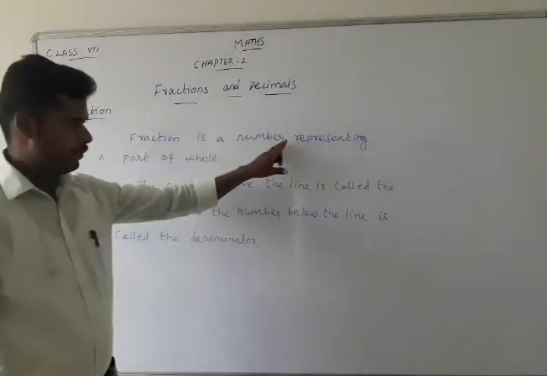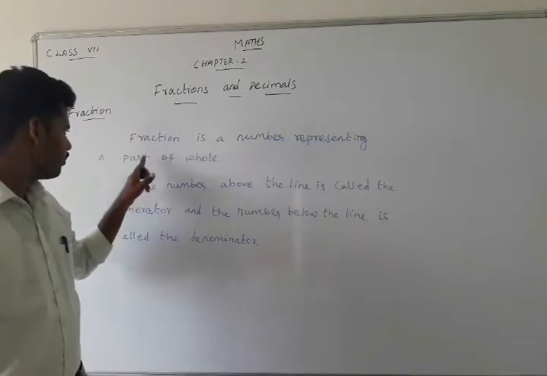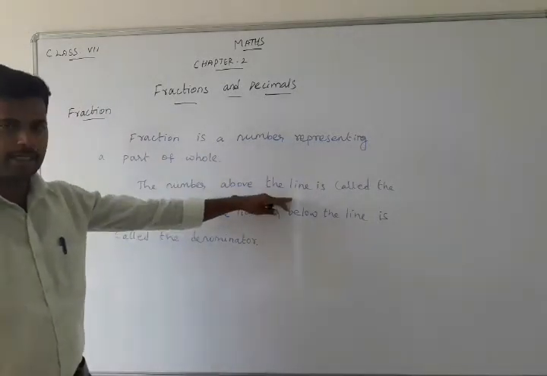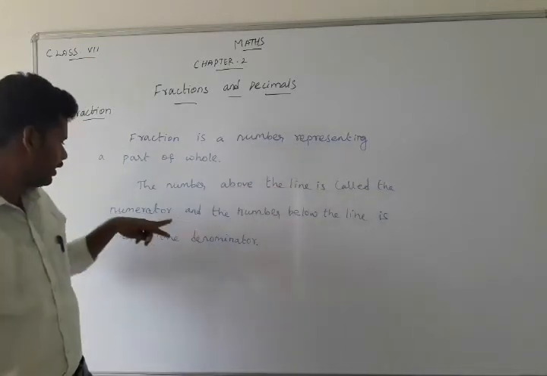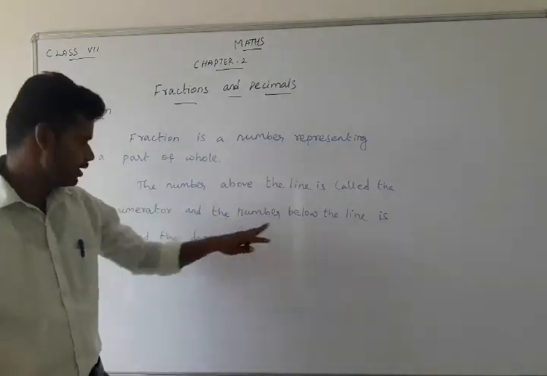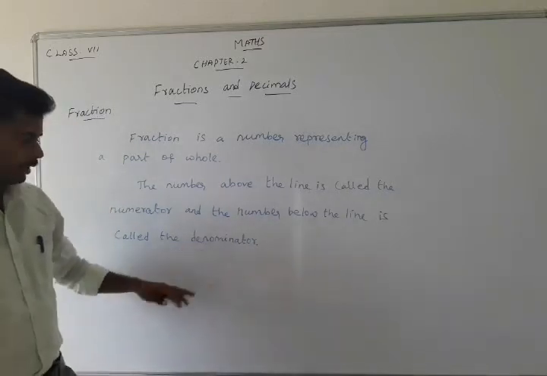A fraction is a number representing part of a whole. The number above the line is called the numerator, and the number below the line is called the denominator.